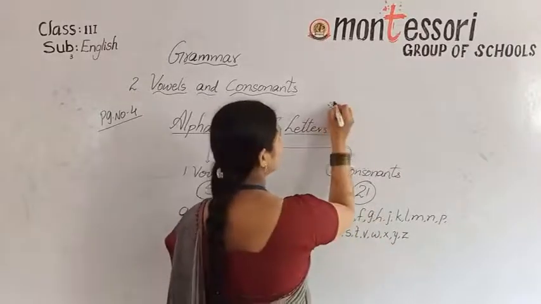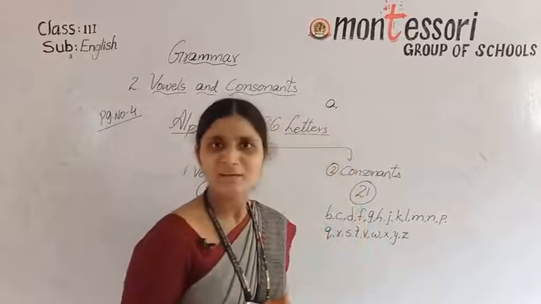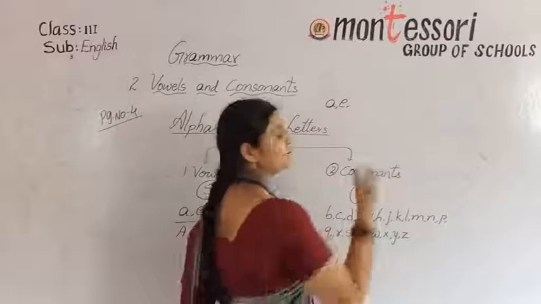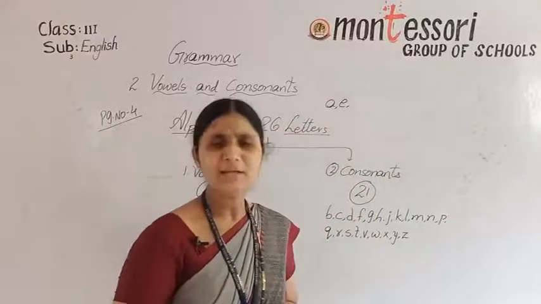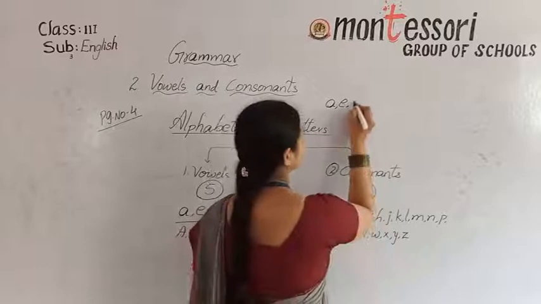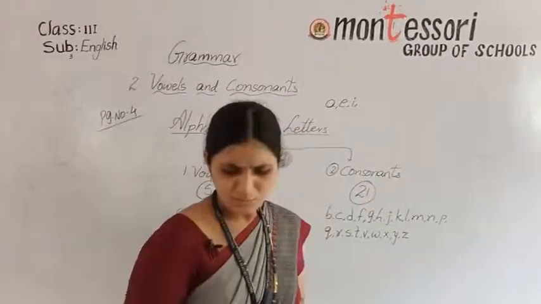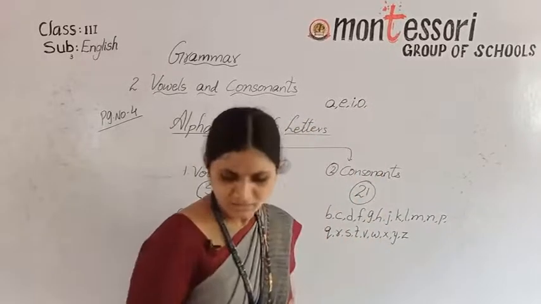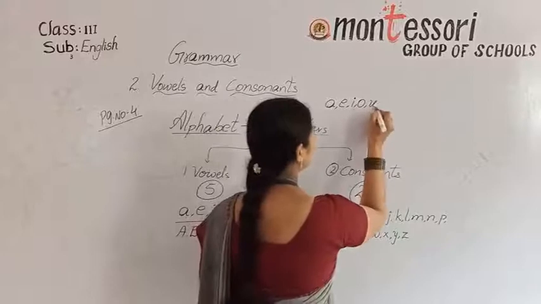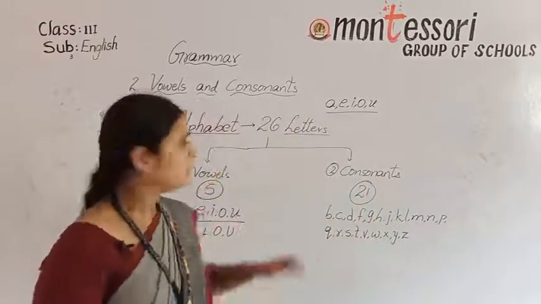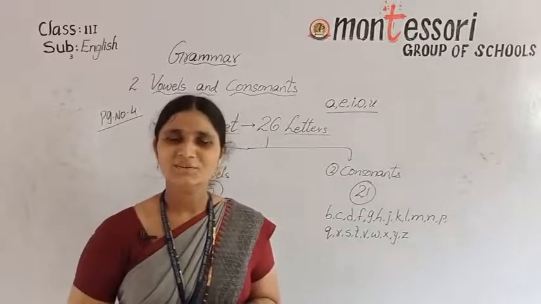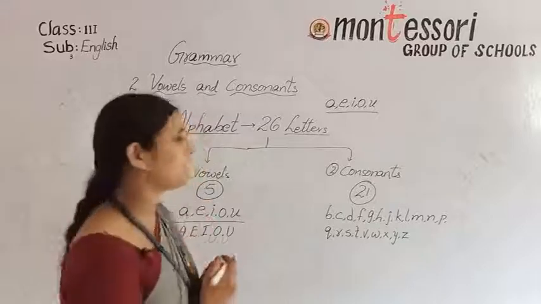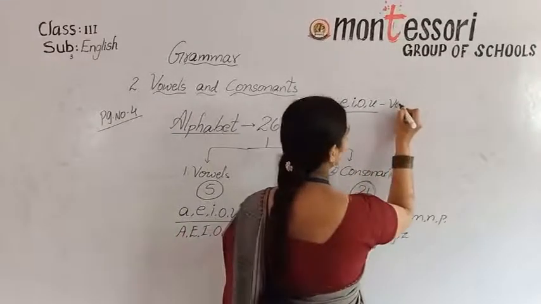A. Then E. Then another red letter. I. Very good. O. And another letter? U. Now tell me, my dear, what are these 5 letters? Those are vowels. Very good.